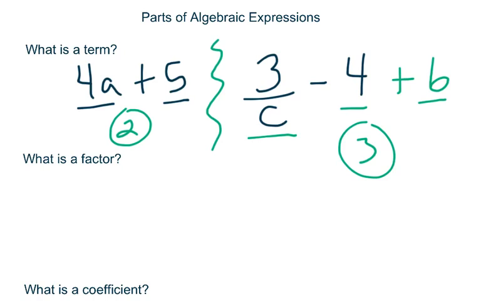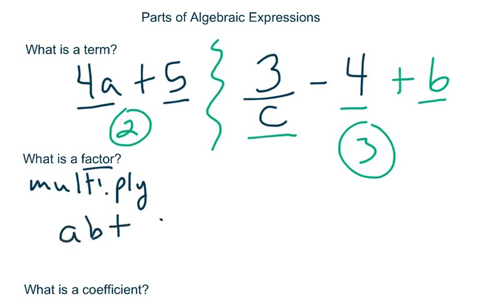A factor is your key word right here. A factor just means to multiply. So how many things are you multiplying? And so, for example, AB plus DF.